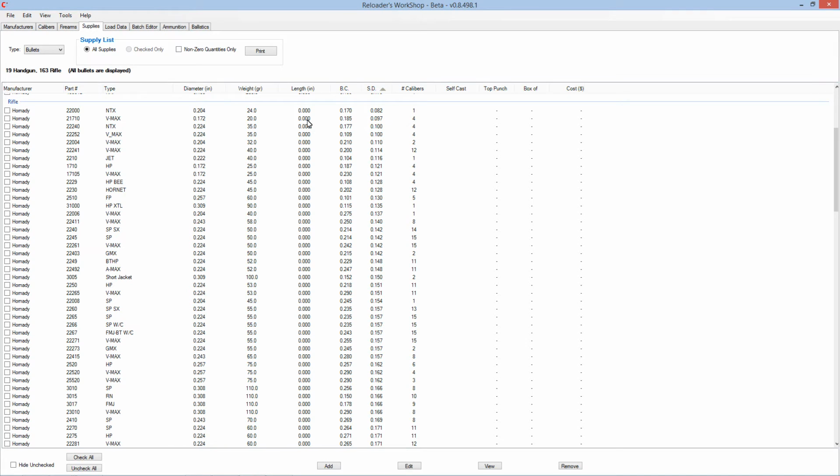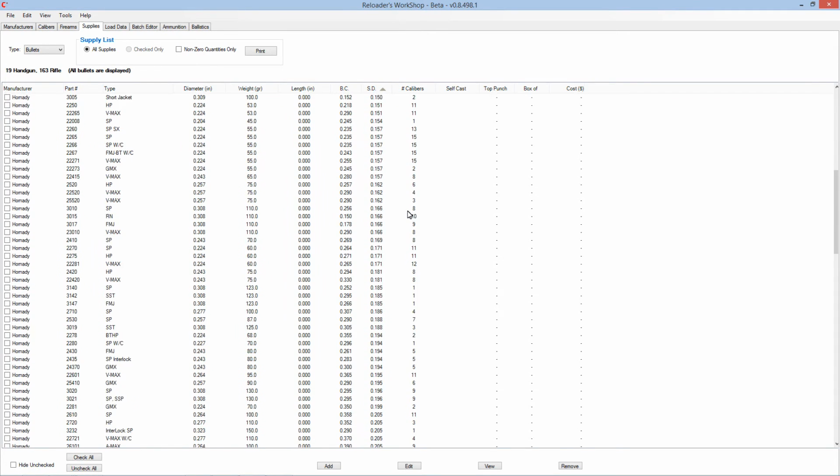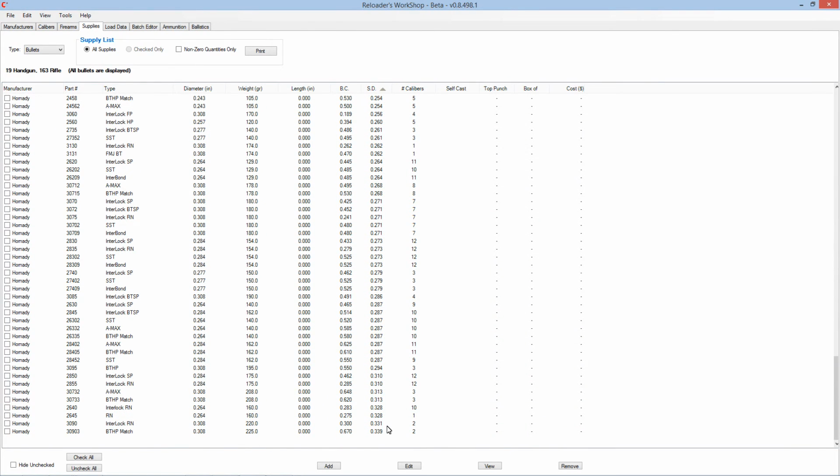At the very low end here, I've got a 204 caliber 24 grain bullet that's way down at 0.082 sectional density. And if we go up to the top sectional density here, here's a 308 caliber 225 grain bullet with a sectional density of 0.339. So that would be good for large game.